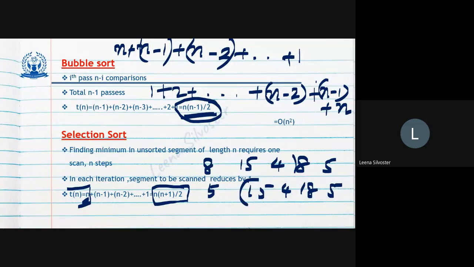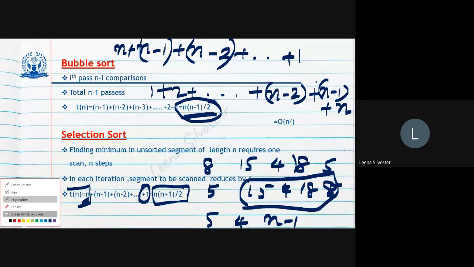That means the size is reduced by 1. In the next stage again, we remove the smallest one, leaving 4. Again the size is reduced by 1, like that. Finally we will get a single number. So the running time is n into n plus 1 divided by 2.